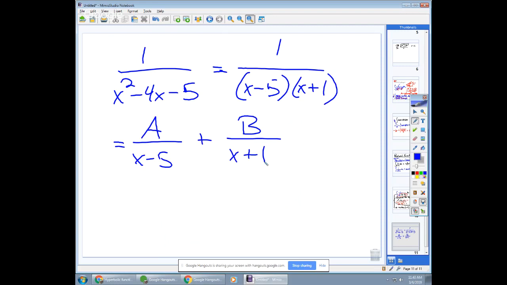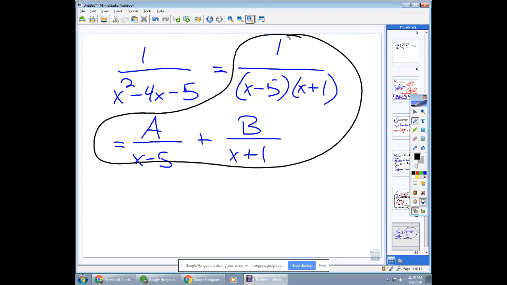So we're going to try and find those numbers A and B. Some college algebra classes cover this idea in terms of rewriting rational functions. I'm going to get rid of the fractions for a minute by multiplying by the common denominator, which would be x minus 5 times x plus 1.